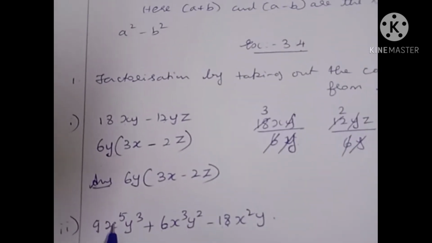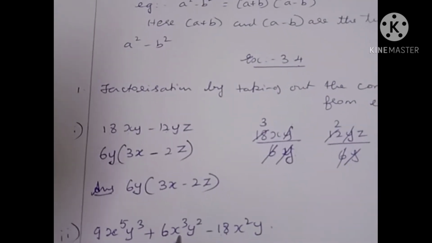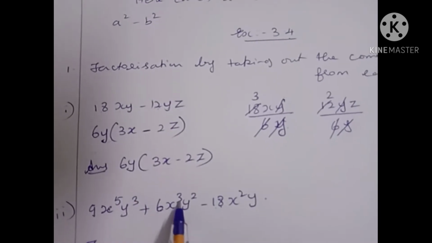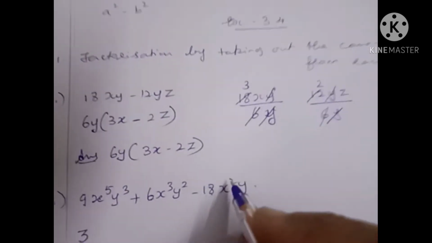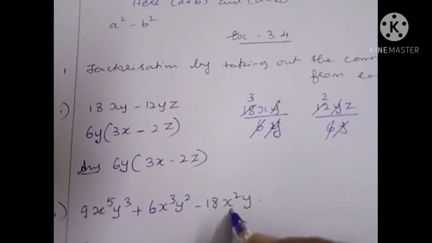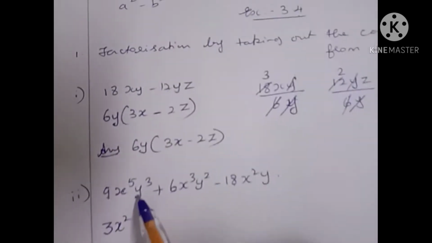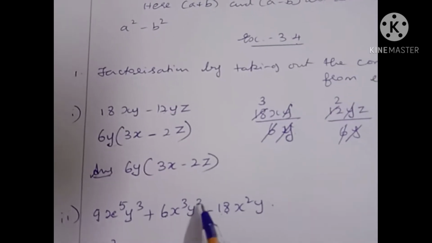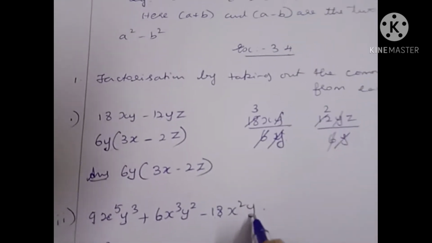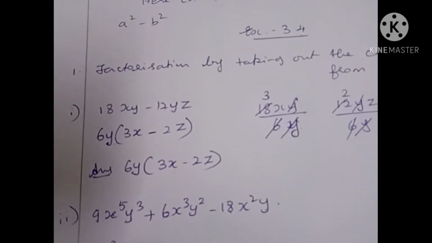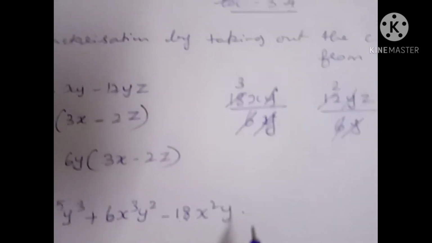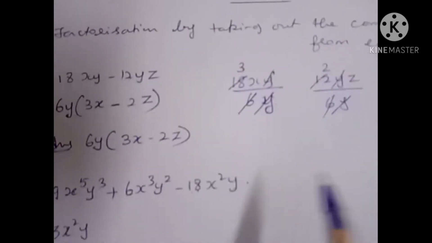And in all the terms x is present, x power 5, x power 3, x power 2. So take the least power as a common factor. And then if you see y square, y cube, y square and y. So y is the least one. Take the variable which has the least power.